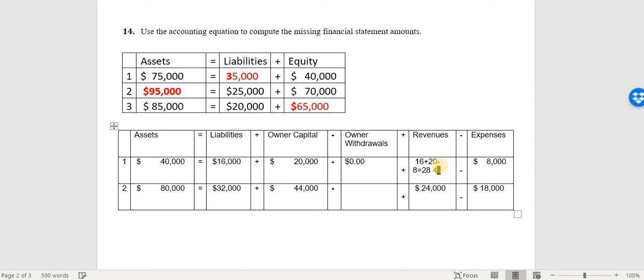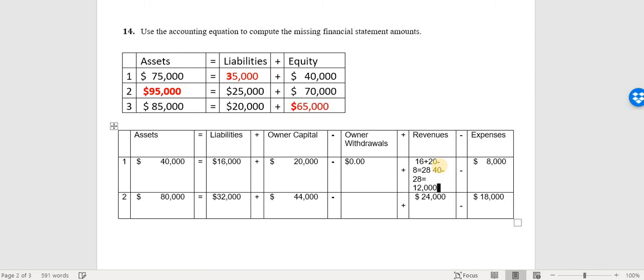I'm going to take 40 minus 28 equals $12,000. Right? So my right side was 16 plus 20 is 36, less expenses, 36 minus 8 is 28. It has to equal 40. 40 there, 28 there means I need 12 in revenues to make it balance out.